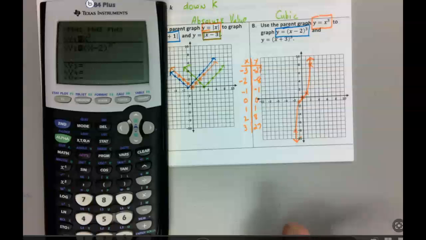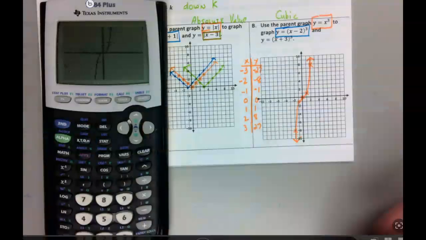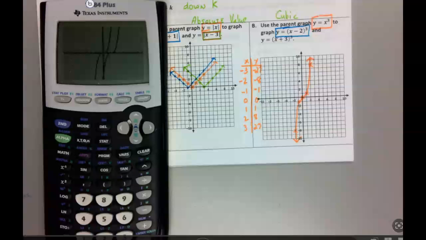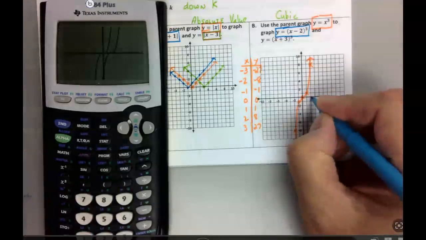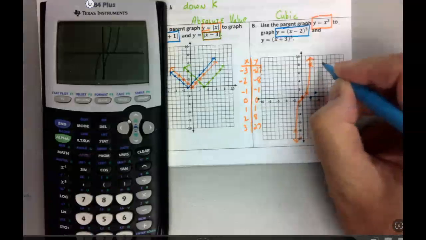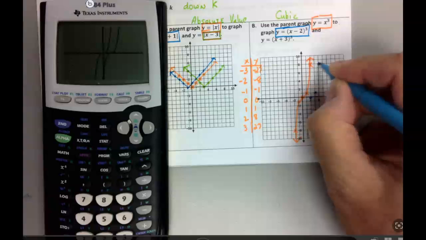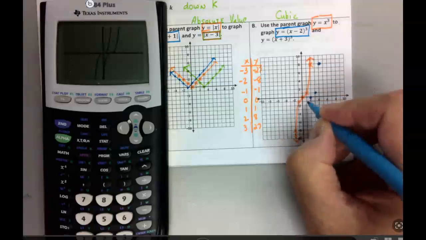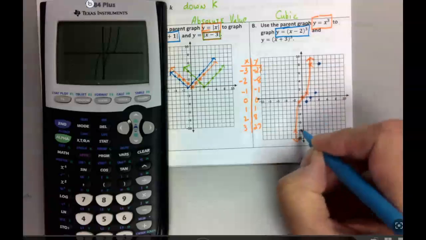Does everybody have that? Hit graph and see if it shifts it right 2 units. Does it? Yep. So take all your points from your parent function, right 2, right 2, right 2.